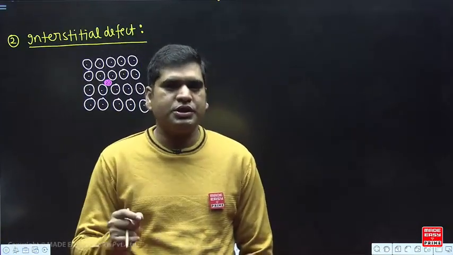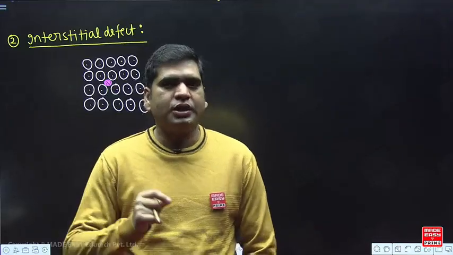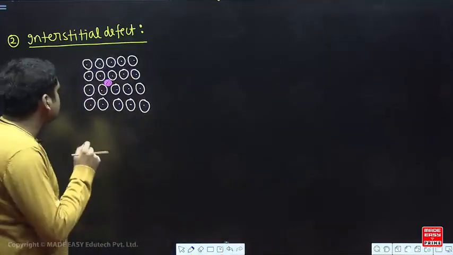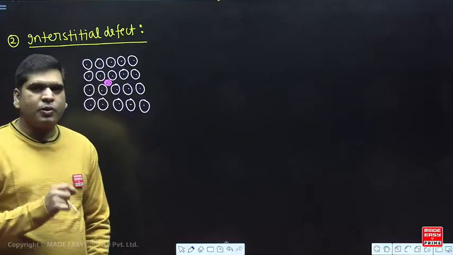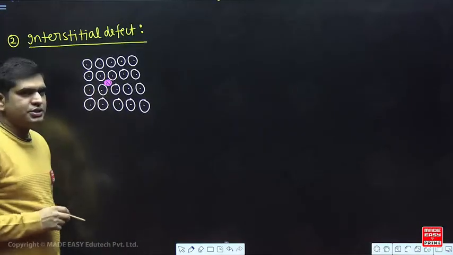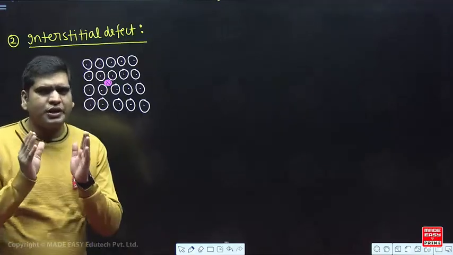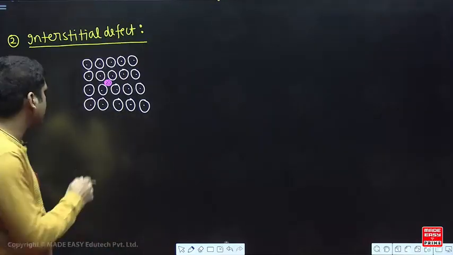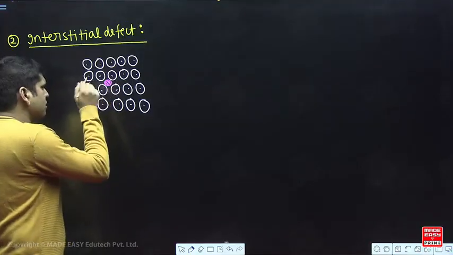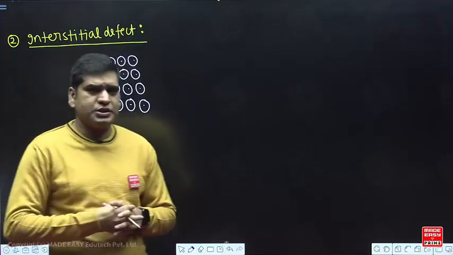Now at this place, periodic order has been disturbed, and I told you whenever there is a change in periodicity or order of the crystal, then a defect is found. Such a defect is known as an interstitial defect, because the impurity atom is sitting at the interstitial position. This is not the regular lattice position. Regular lattice positions are this, this, this and this. It is the position between the regular lattice positions.